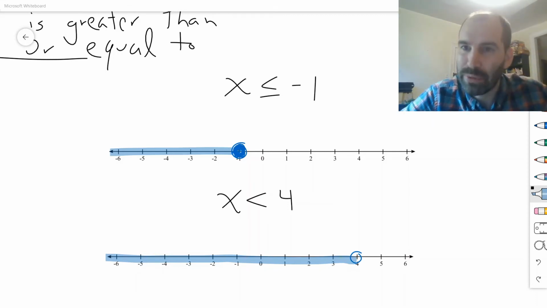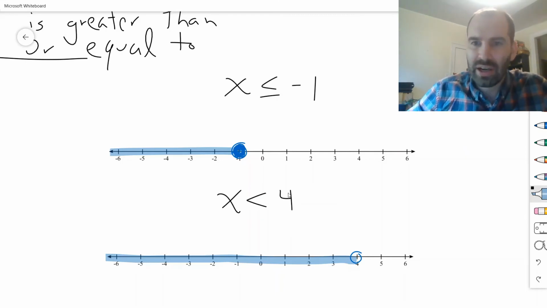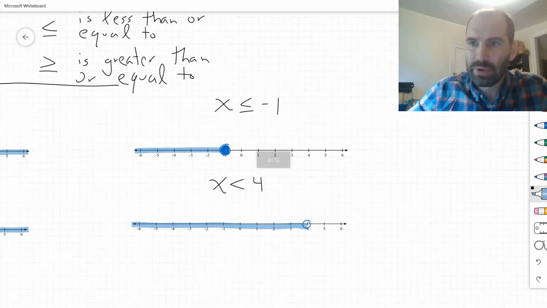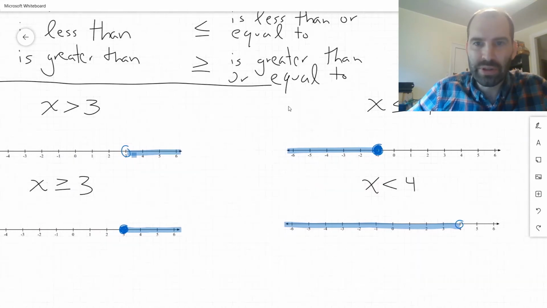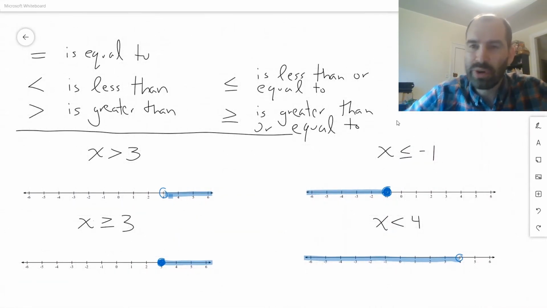We can't possibly be equal to 4. So these are the differences. I hope you can tell the difference between these inequalities here. Right? There's 4 types. The or equal to determines whether we shade it in or not. Okay, but I'm going to point out a couple other possibilities.